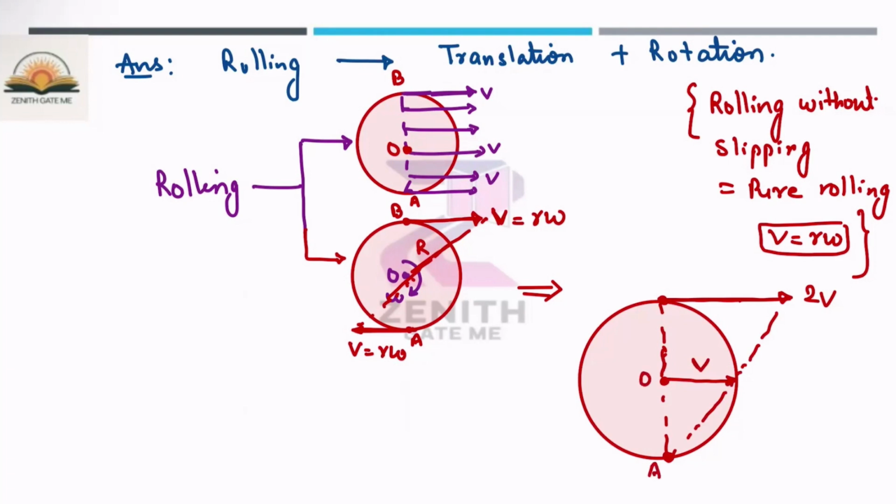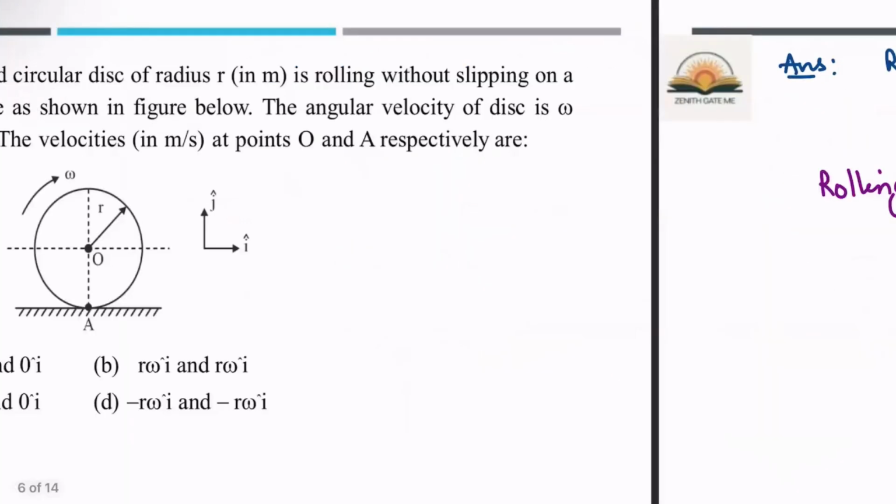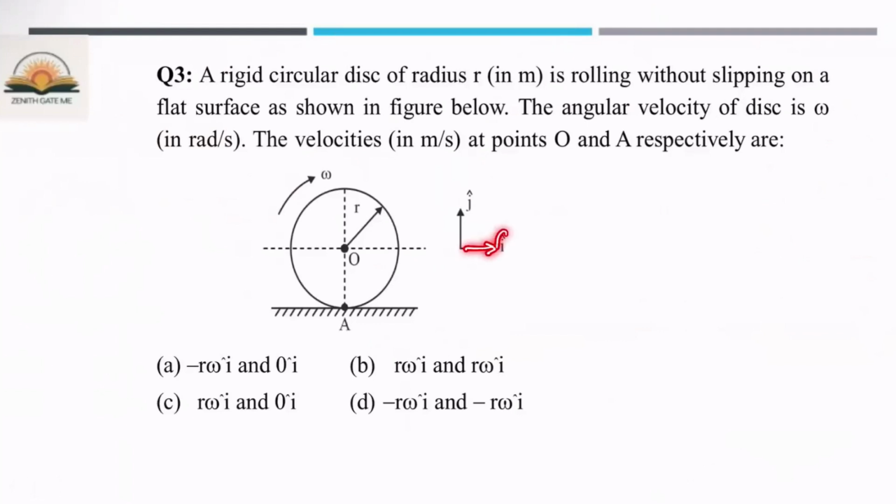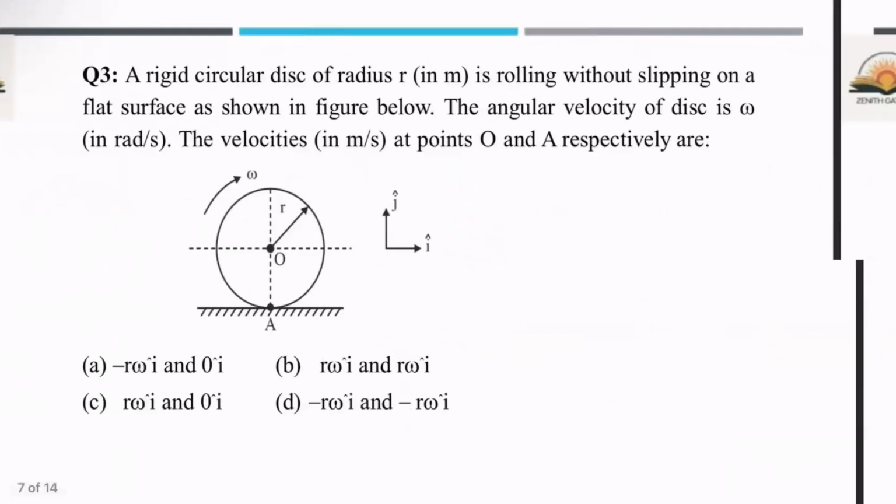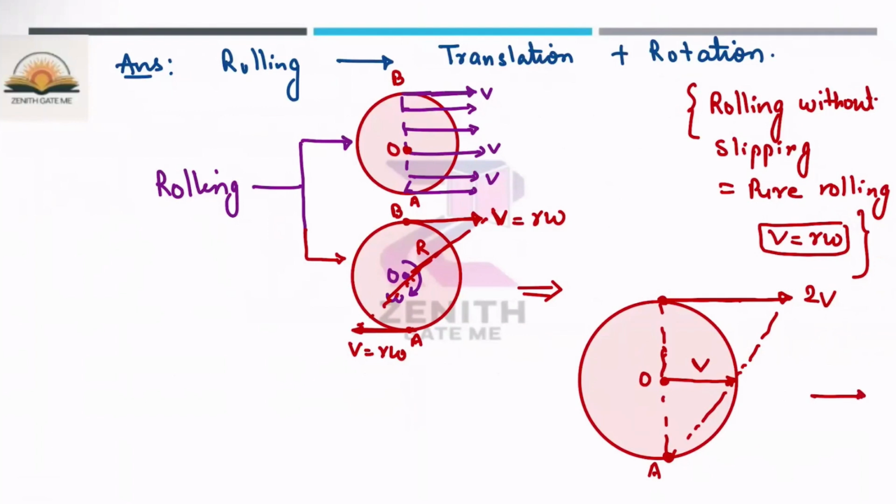In this question, you have to identify the velocity at point A as well as point O. It is given that this direction is i cap and this is j cap. So the velocity at point O is v, which in pure rolling is r omega i cap.